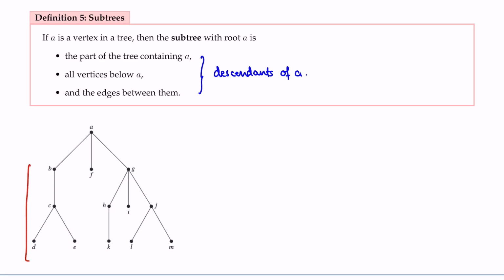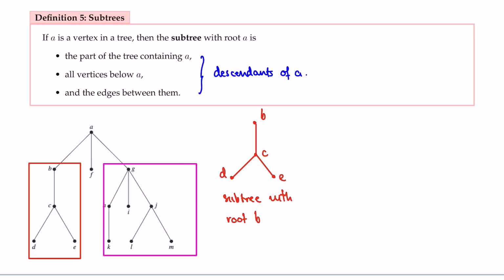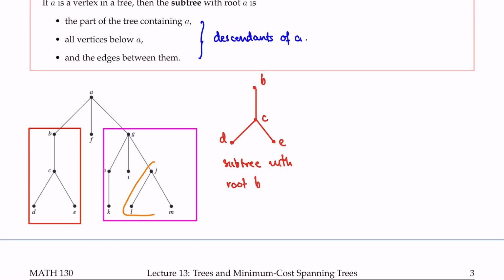So there are multiple subtrees in a tree. This part of the big tree can be a subtree. This is B, C, D, and E, so this is the subtree with root B. Or you can have a subtree of this part right here, or of this.